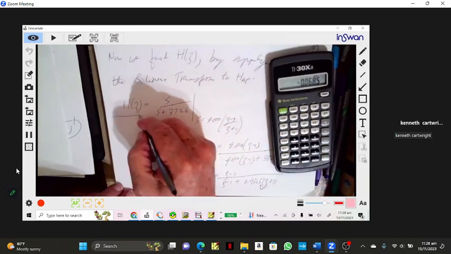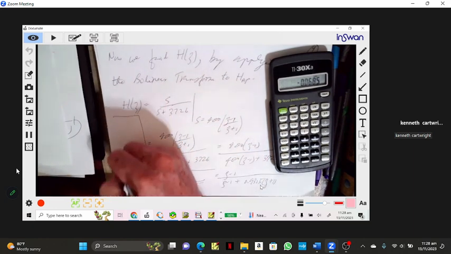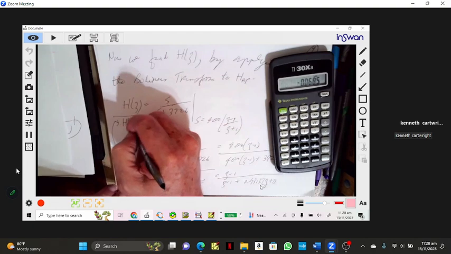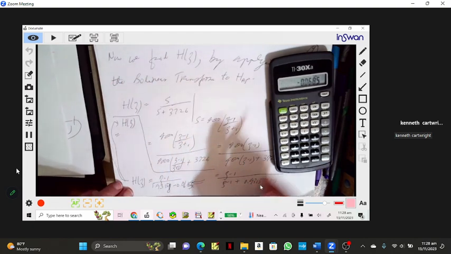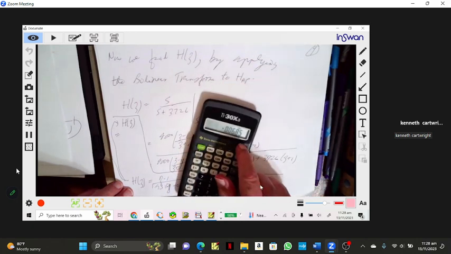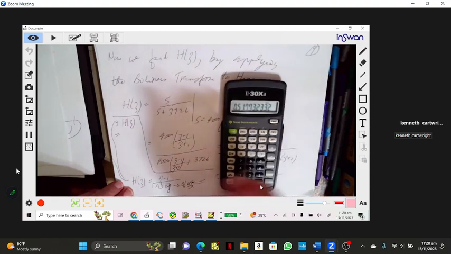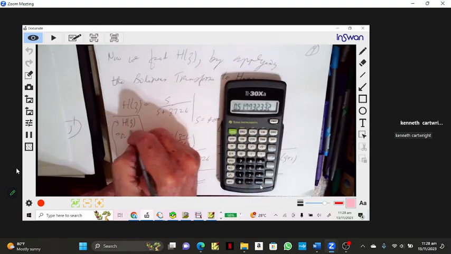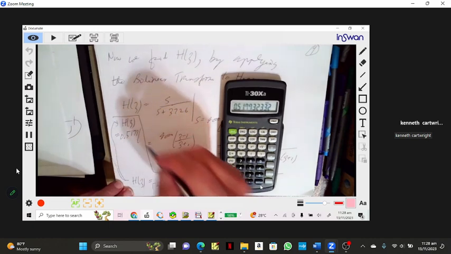And then divide top and bottom by 1.9315. The reciprocal is 0.5177.